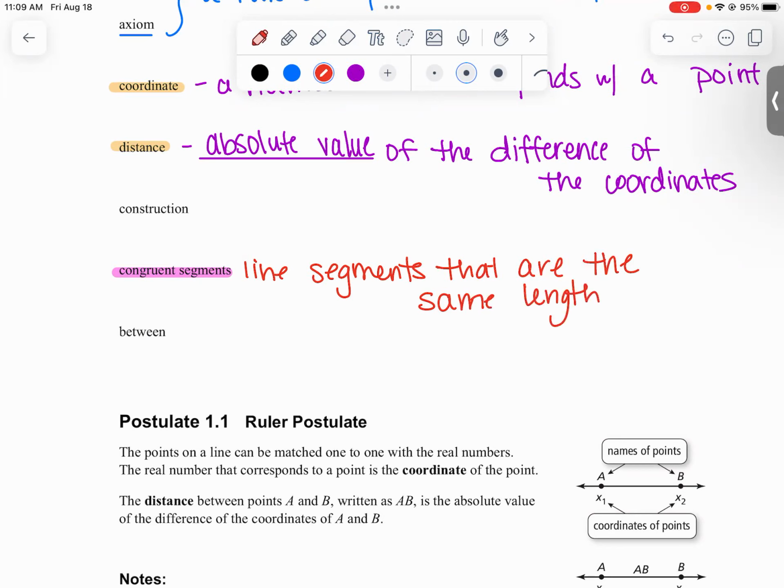Good job. Line segments that are the same length. Okay, so we have some notation that we need to learn with this congruent concept, and we're going to be talking about it the whole year.